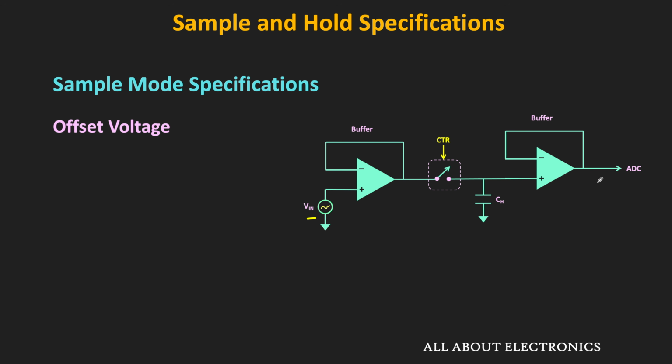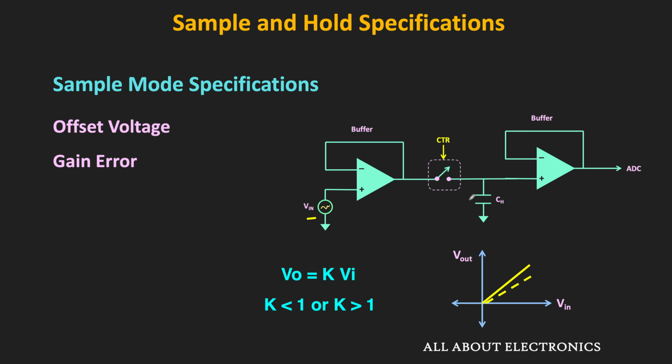The second one is the gain error. Like I said, during the sample mode, this sample and hold should track the input signal. If we see the input-output transfer characteristic, then ideally it should look like this. But sometimes we might have a gain error. That means this Vout is k times the input signal, where this k can be greater than or less than 1. So this is another probable error during the sampling.